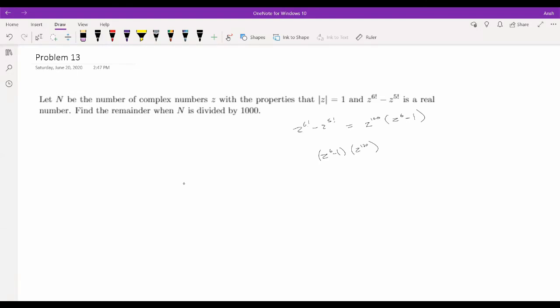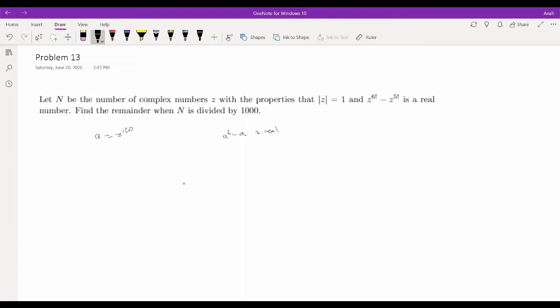So instead of factoring it like this, we can create a new number. Let's say a. We let a equal z to the 120. If you plug a in, we get that a to the 6 minus a is equal to a real number.